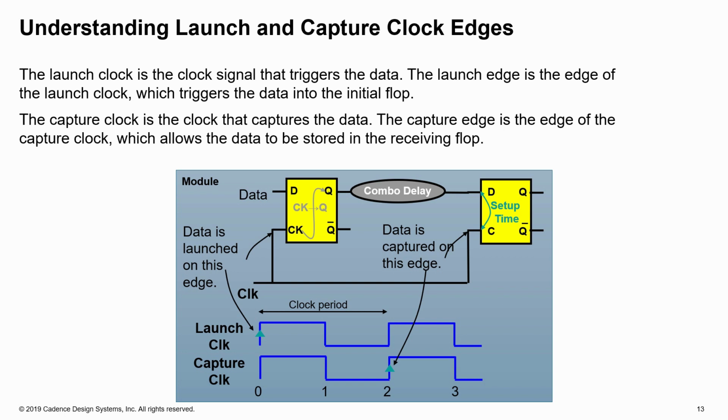That one clock period is the requirement for the design to successfully meet the timing on this path. We will look at more examples of what the paths look like, and what the launch edges and capture edges look like for different flops and clocks in your design.